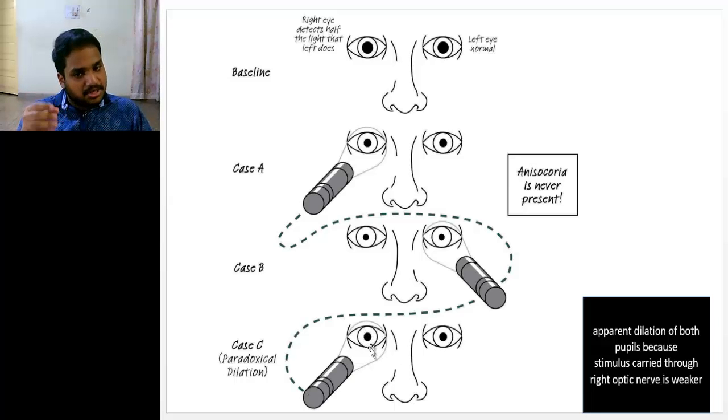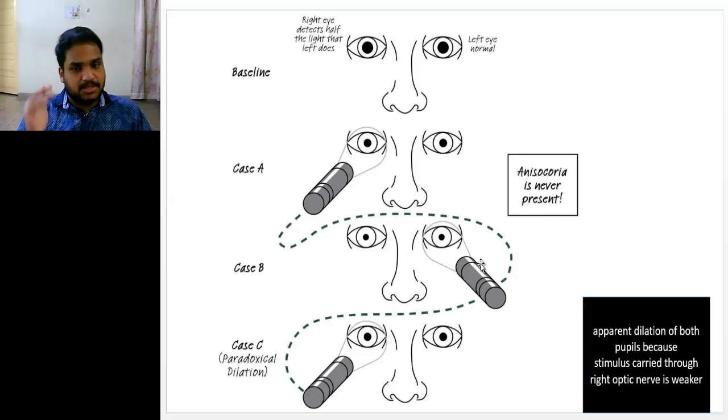Now this is actually a constricted state because you are showing the light onto the right eye. This is a constricted state when compared to the normal. But when compared to the light shown in the left eye, there will be apparent dilatation of the pupil, right? So this is called a relative afferent pupillary defect. And anisocoria is never present; both the pupils are of equal sizes, right?